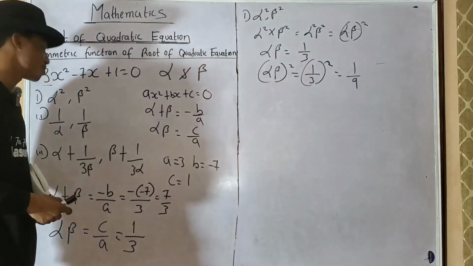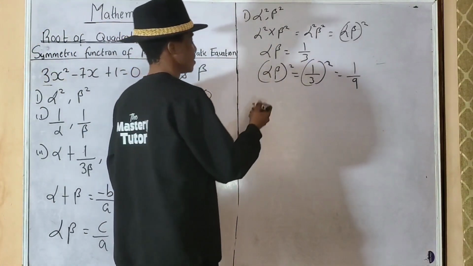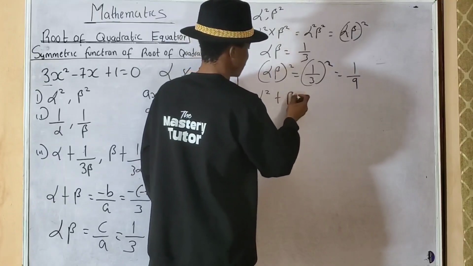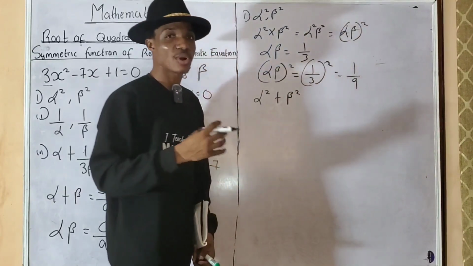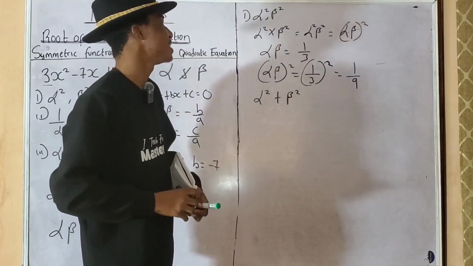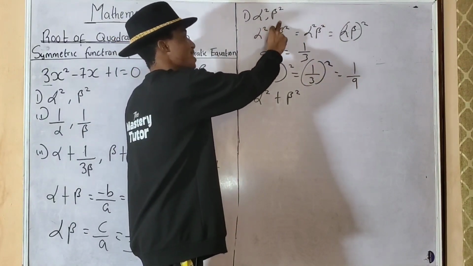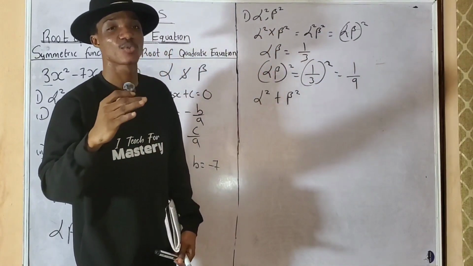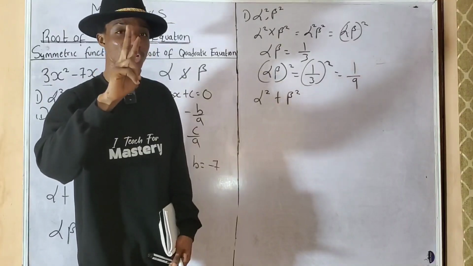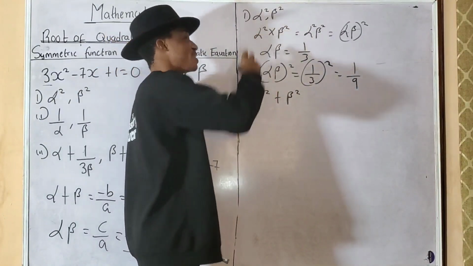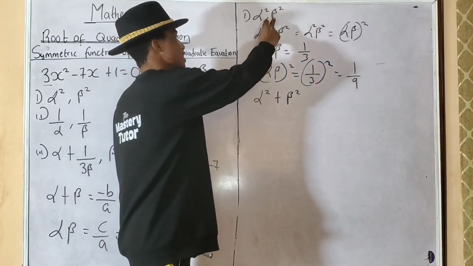Now, we have taken the product of the roots. Now, let us take the sum. Listen to me, the sum is alpha squared plus beta squared. Don't forget our goal is to find the equation whose roots are alpha squared and beta squared. In every quadratic equation, we always have two roots. One of the roots of the equation that we are asked to find is alpha squared, and the second root is beta squared.